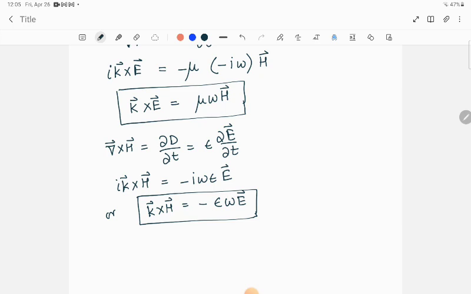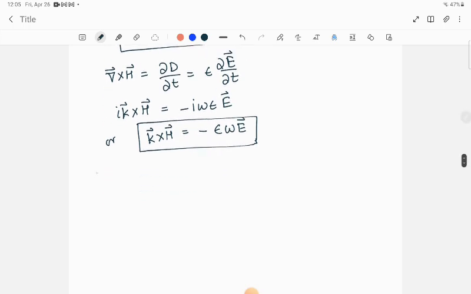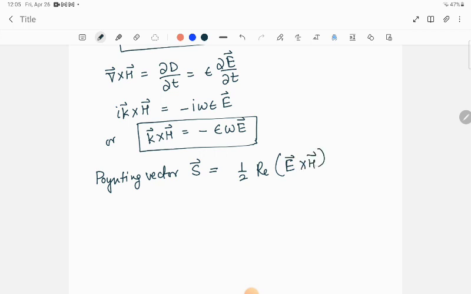That's not a problem. So with this in mind, the next step would be to look into the Poynting vector, something we are all familiar with. The Poynting vector S is typically given by half the real part of E cross H. What does the Poynting vector tell us?